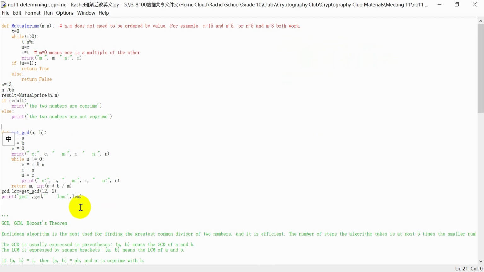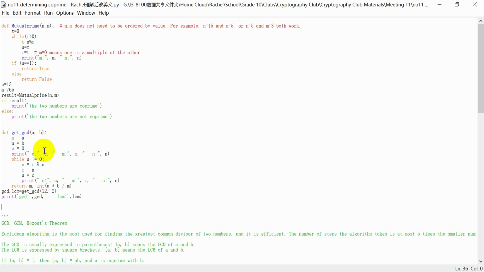Next, let's look at the function of finding the greatest common divisor and least common multiple. This function takes in parameters a and b. In the initialization, m is given the value of a, n, b, and 0 is given to c. C is the remainder in this case, and it is given 0 just for the initialization part.